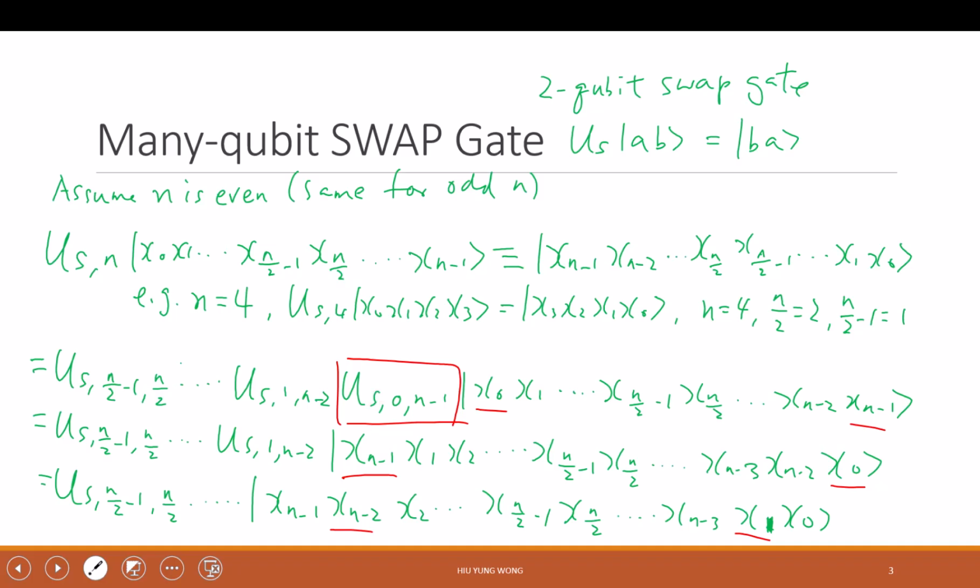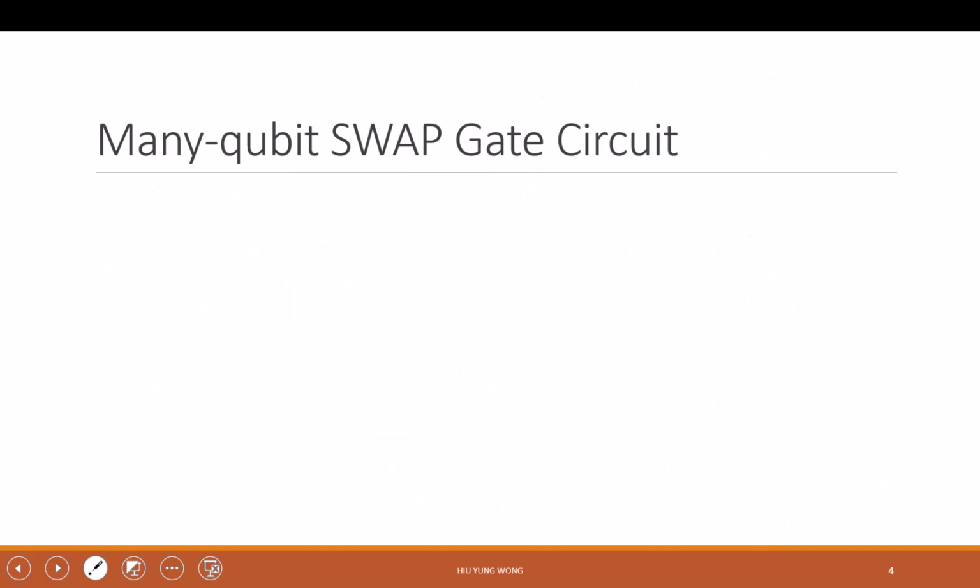Okay, let me draw the circuit, then you will see why they are the same. Let me just draw what we have just done. For example, I have n equals 5. So let's say the input is 1, 0, 1, 0, 0. Then what is the symbol for the swap gate? It will be something like this, like what he just said.